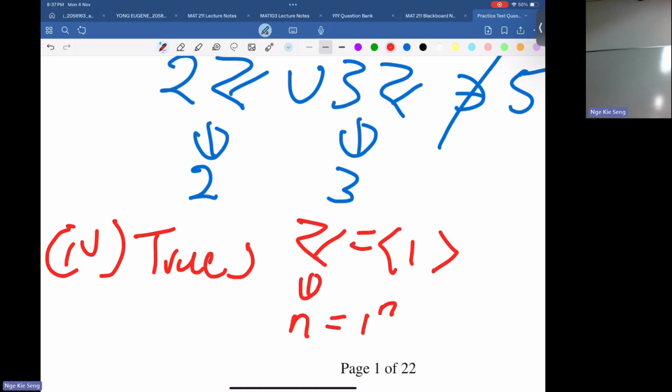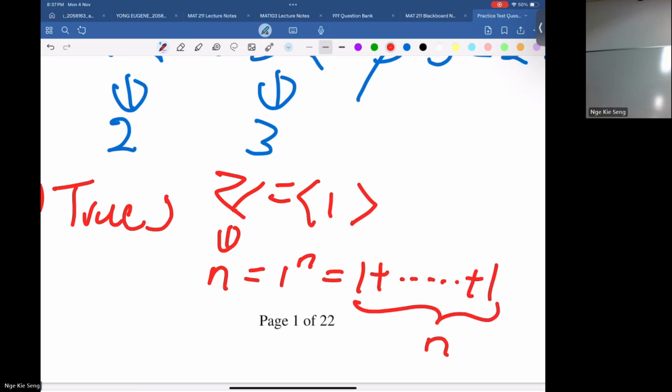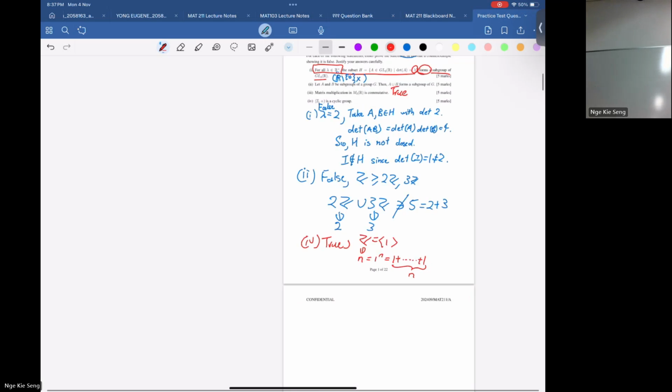So this is the proof. You write every element as a power of your generator. That's all you need to do.